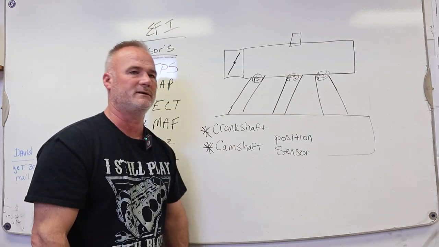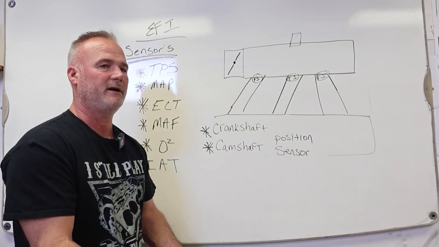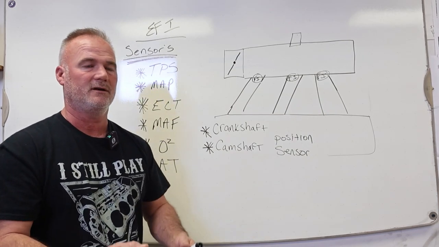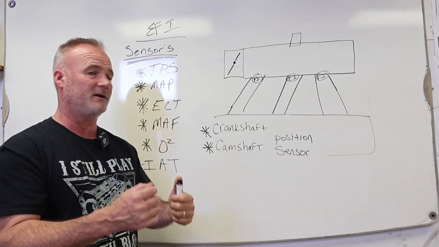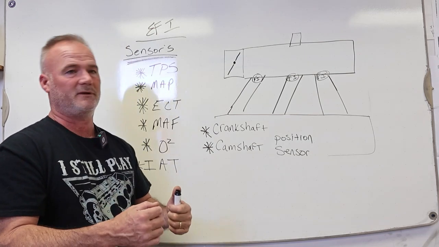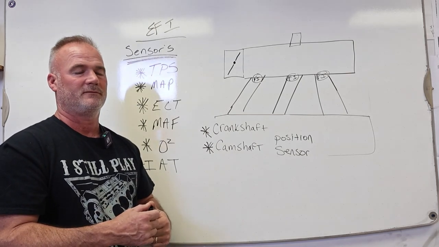Even if you want to adapt your old carbureted engine to fuel injection, what is the one thing you have to do? You have to give it some signal from the ignition so it knows what's going on.